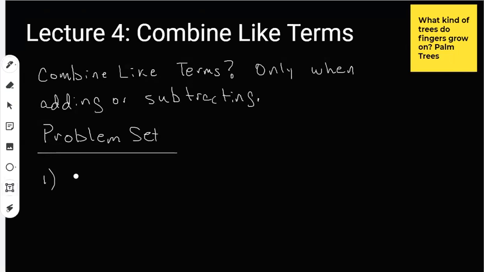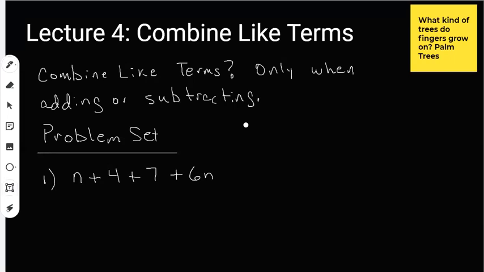So for number 1, we have n plus 4 plus 7 plus 6n. So what I want to do is combine like terms. And remember, we only combine like terms when we're adding or subtracting. And in this case, we're adding everything. That's what the plus signs are for.